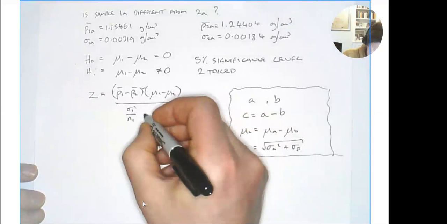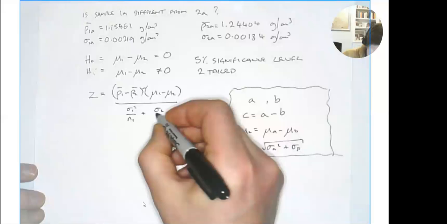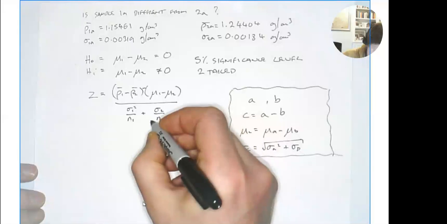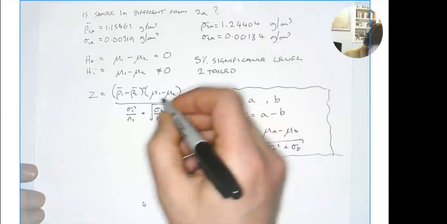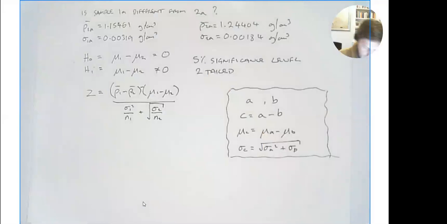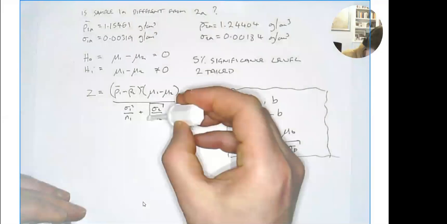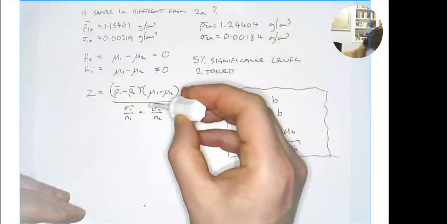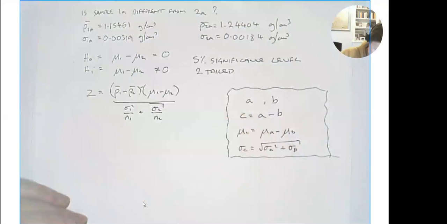Each of our samples has a standard error associated with it, and that standard error is the standard deviation of the distribution of the mean, and so that's the relevant standard deviation to use for our test.